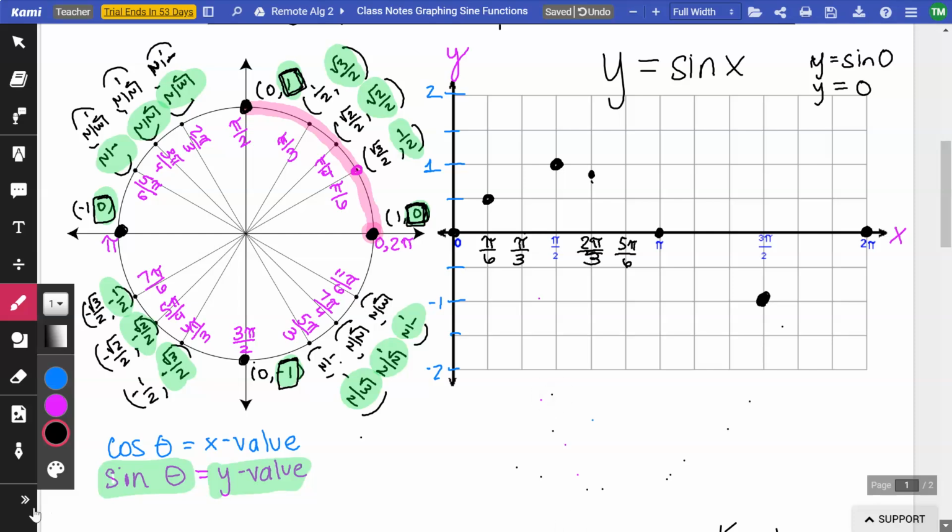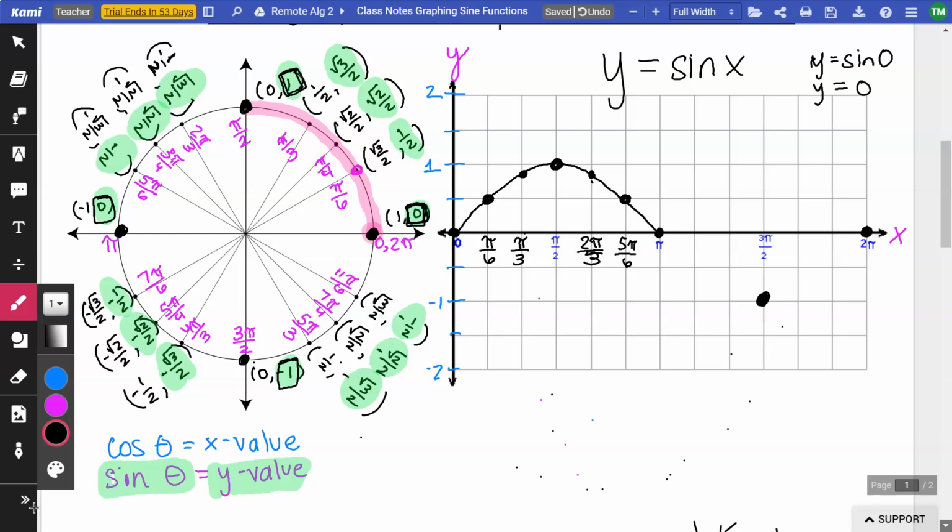And then at 5 pi over 6, we're back at 1/2. Oh, I skipped pi over... Actually, I just grabbed that at the wrong value, but it should match 2 pi over 3 anyway, so we're fine. And so we're starting to see a good picture of what our sine curve is doing here.